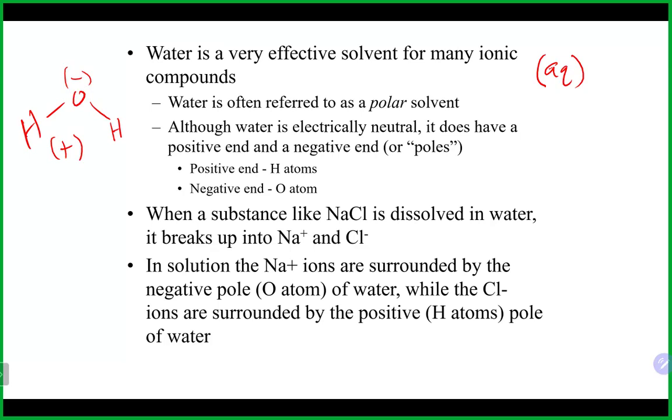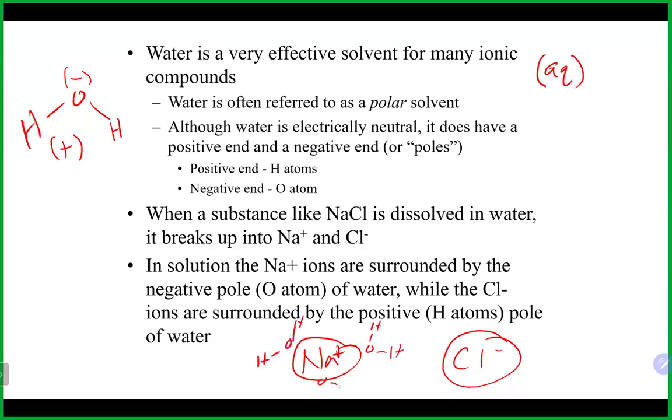So what happens when you go to dissolve something like sodium chloride is the sodium ion and the chloride ion will get surrounded by the water molecules, and that's basically what helps it dissolve. As we've seen a couple of times, it's really not a chemical reaction or a chemical change.